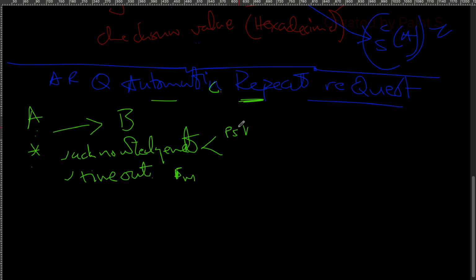A negative acknowledgement will indicate that B is saying to A that I have received the information but it's not complete. But a positive acknowledgement is B responding to A that the information I have received is complete. Do you get the point? So A will wait for a certain period of time before he does the resend. That's what we're calling a timeout.